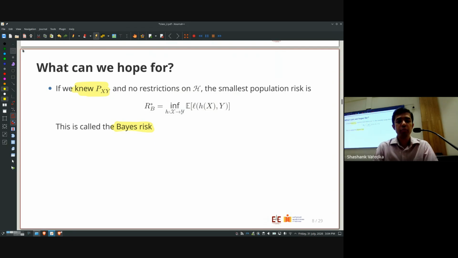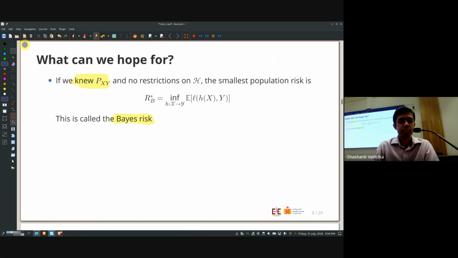And when this infimum is achieved, we'll say that the minimizing h, we'll call it h subscript b. We'll call this the Bayes optimal predictor.